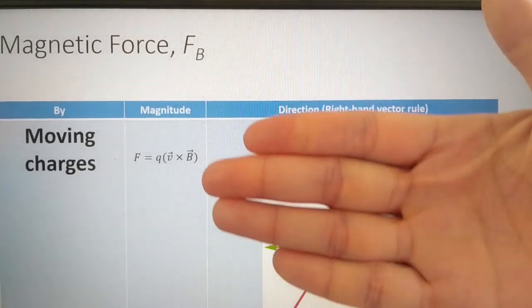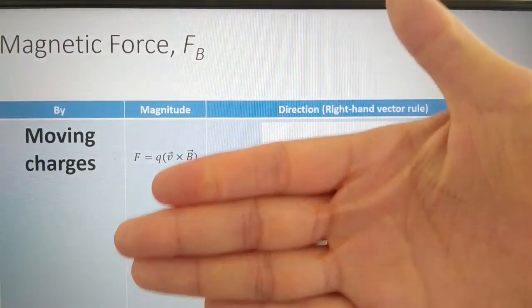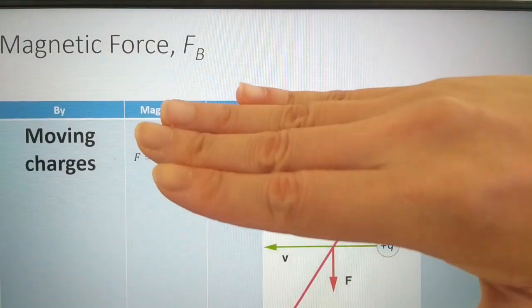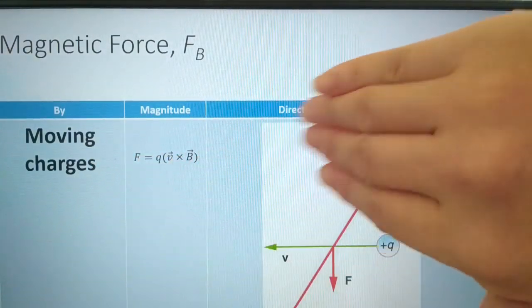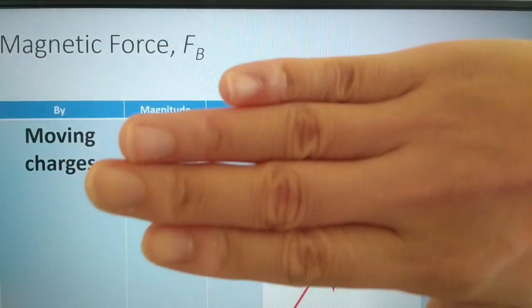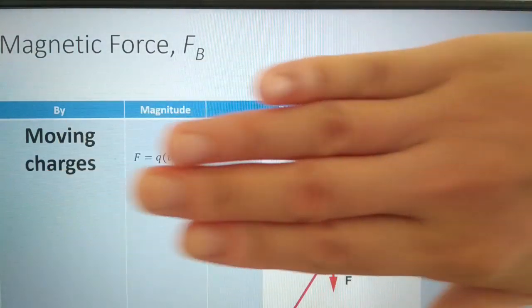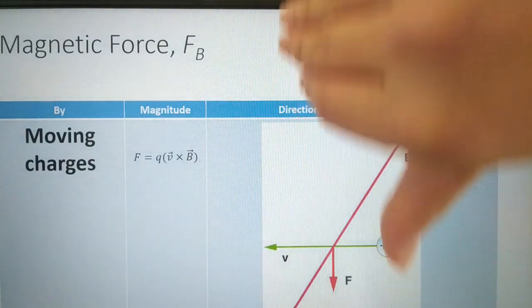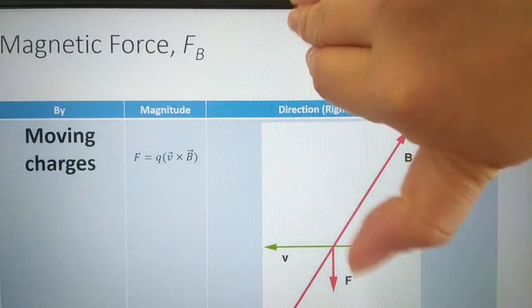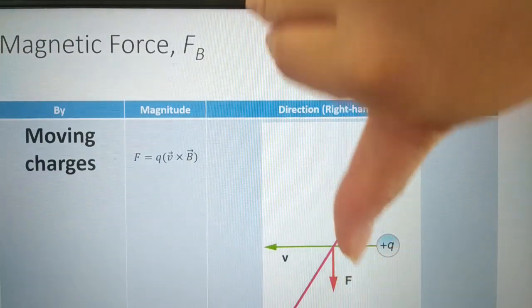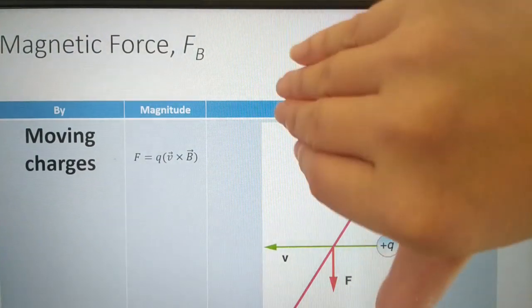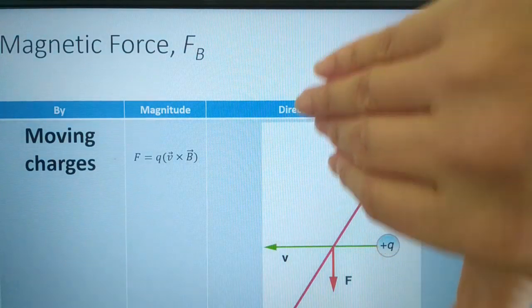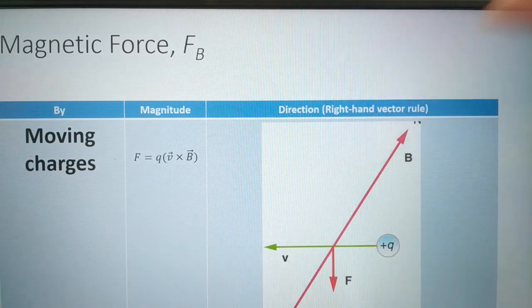So turn your palm so that your four fingers can curl from v to B, into the page. What is the direction of your product, which is your force? It is represented by your thumb pointing downward. So v cross B gives a force downward.